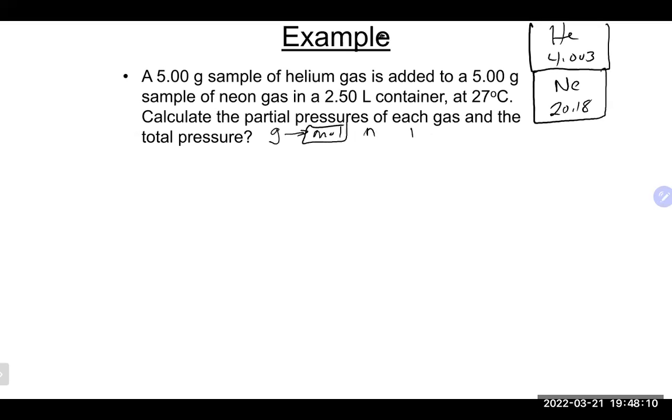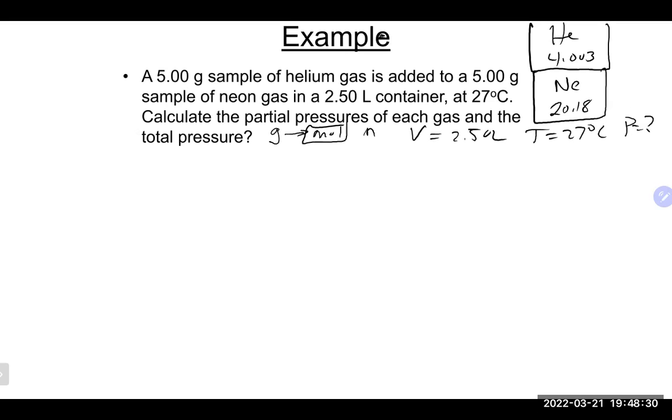We have a volume that is 2.50 liters, a temperature that is 27 degrees Celsius, and we're looking for some pressures. So you can get yourself to the ideal gas law. We're just going to solve the ideal gas law for each of the gases separately.